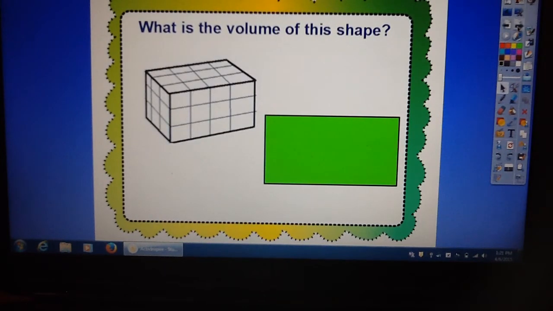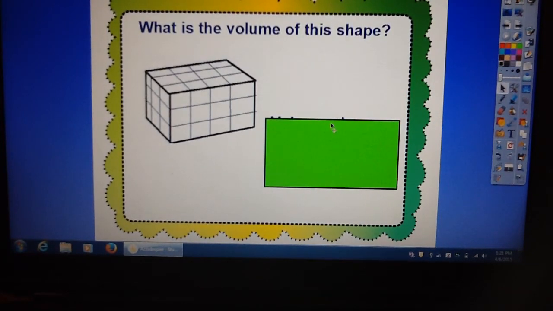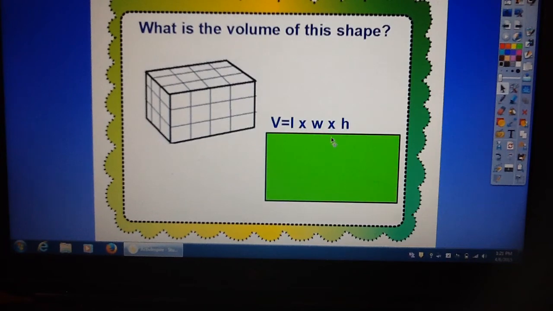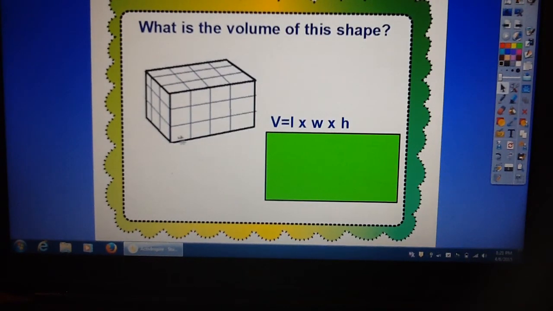Now what is the volume of this shape? Again, the formula for volume, do you remember what it was? Length times width times height. So the length, here's your width, and here's your height. Length was 1, 2, 3, 4. Width was 1, 2, 3.